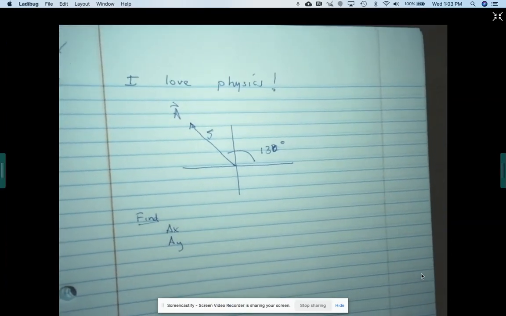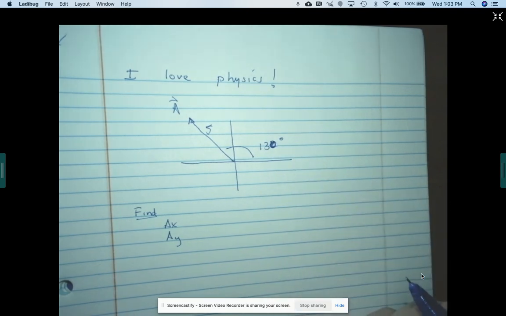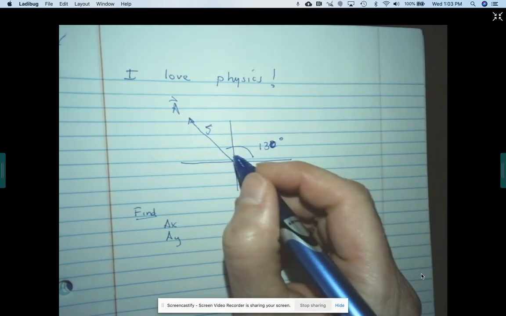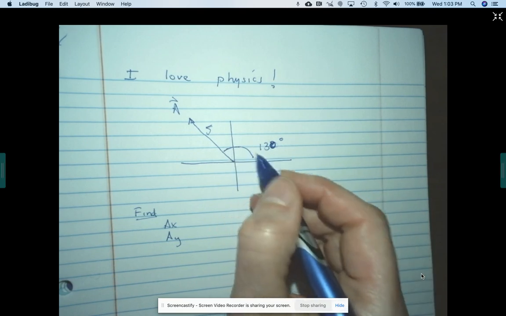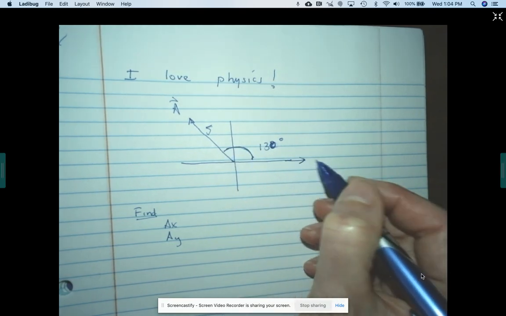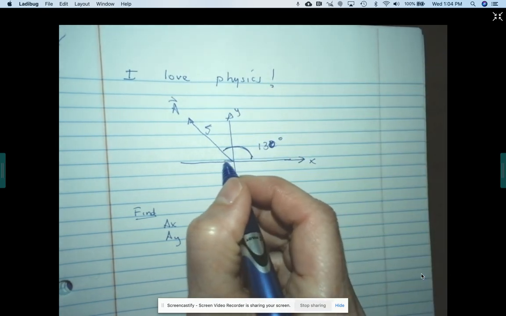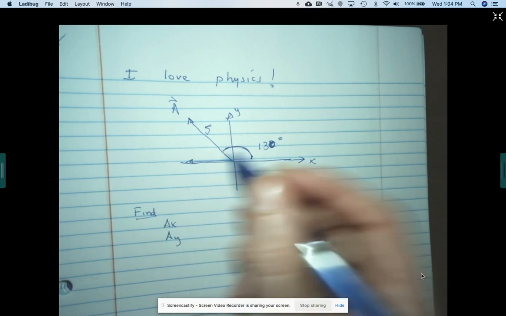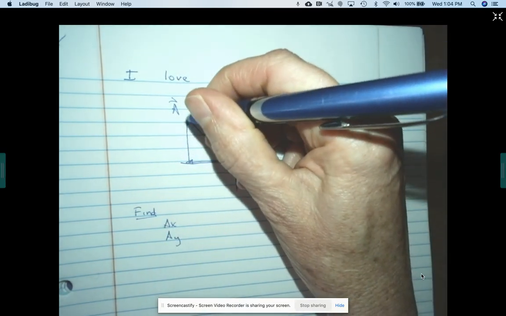All right, so this is what we have, right? That's our angle, 130 degrees. And so I usually like to try and visualize this as a regular triangle without this big, is it an obtuse angle? I should know that. Okay, but I'm going to try and draw my triangle like this. So that's one side of the triangle here, and that's one there, right?